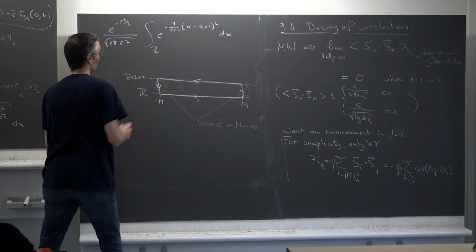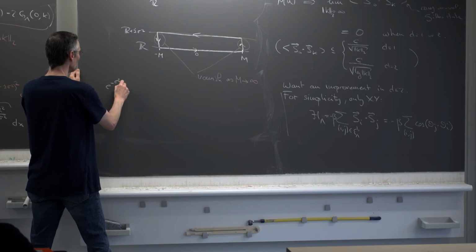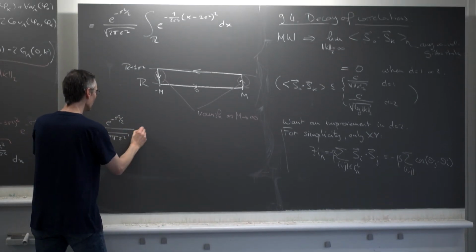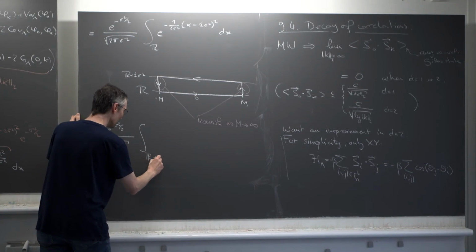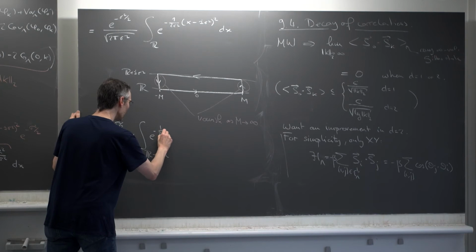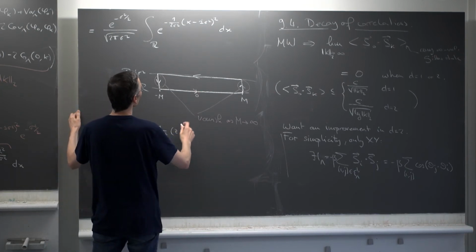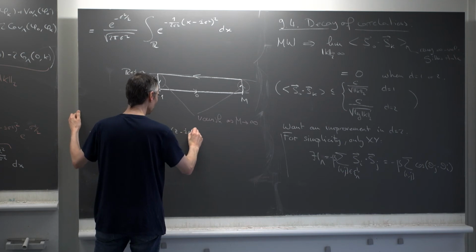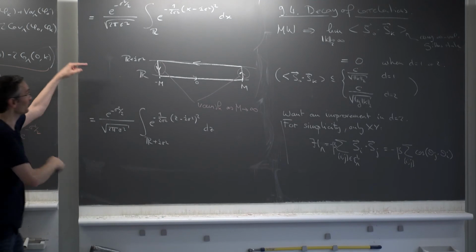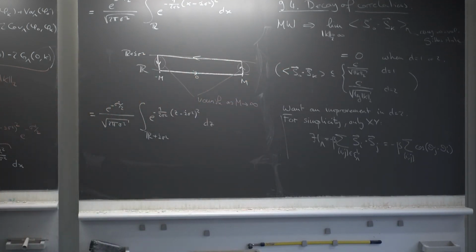So this is equal to e^{-sigma^2/2} over square root of 2 pi sigma squared, integral over R plus i sigma squared of e^{-1/(2 sigma^2)(z minus i sigma^2)^2} dz. Let me call it small z to say that I'm in the complex plane now. Now we are integrating on this particular path, which is just a real line shifted by i sigma squared.